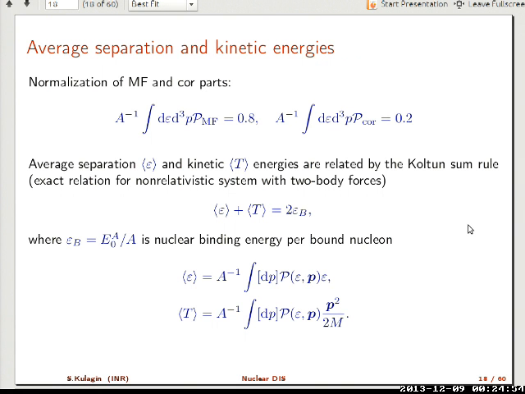It's definitely violated if we add the three-body force and also relativistic effects in the Hamiltonian.